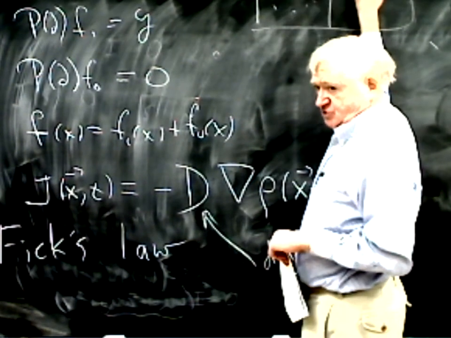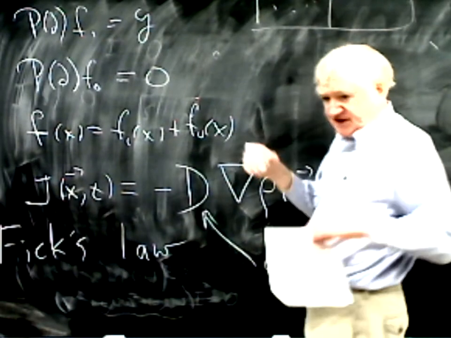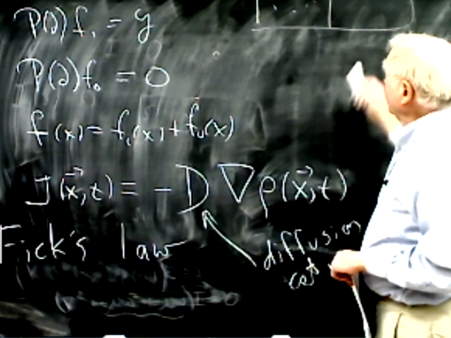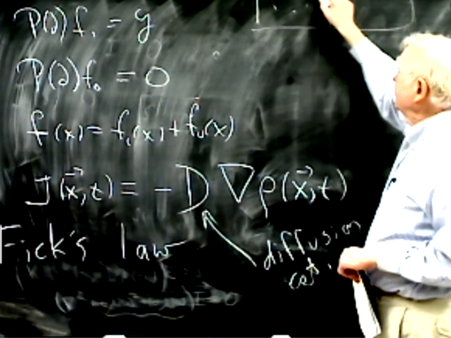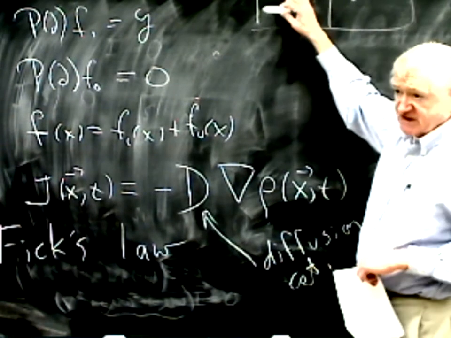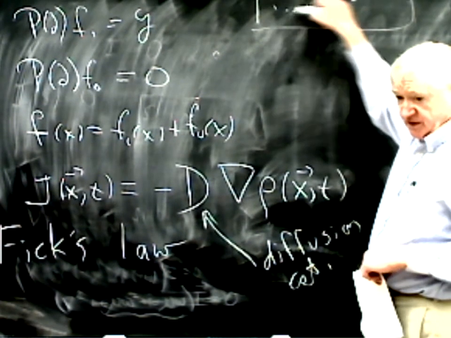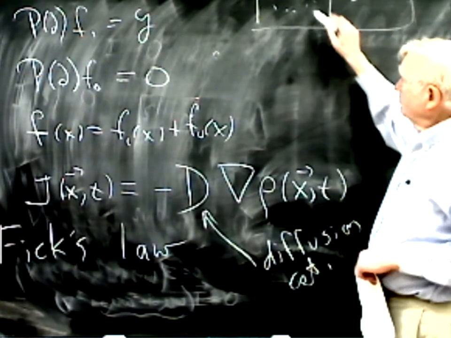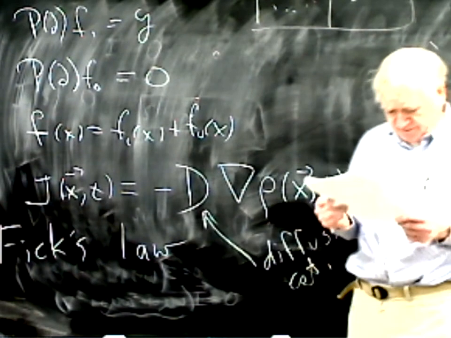Salty water, fresh water. Then you remove the partition and the things diffuse randomly. Well, then the current of salt is going to go this way, the opposite direction of the direction of the density. The gradient of the density goes this way, because it's dense here in sodium, not dense here, but the ions themselves go the opposite way. That's Fick's law.